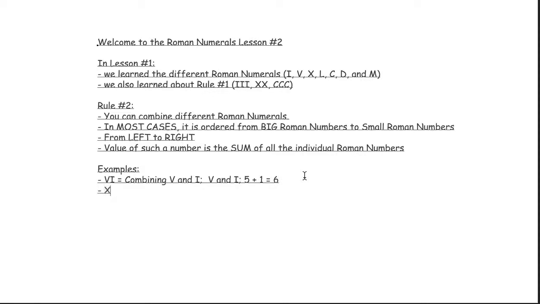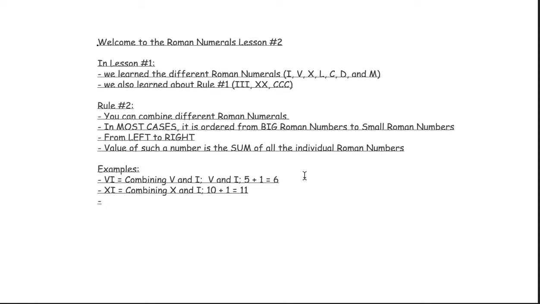Okay, let's see another example. Let's look at XI. Very similar thing. Again, we are combining X and I this time, and X is bigger than I, so it's ordered from big to small, reading from left to right. What is the value of this number? X is equal to 10 and I is equal to 1, and therefore the number is 11.